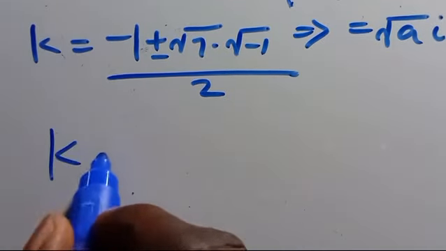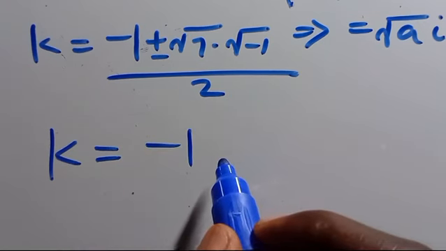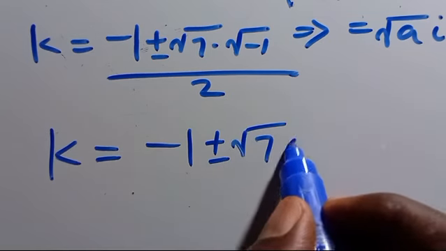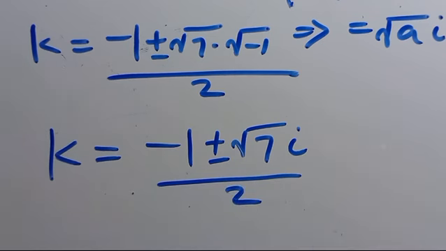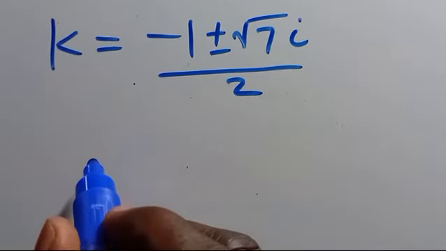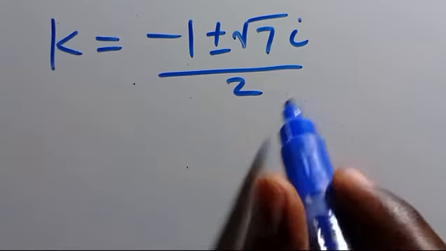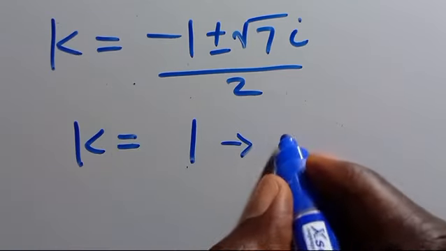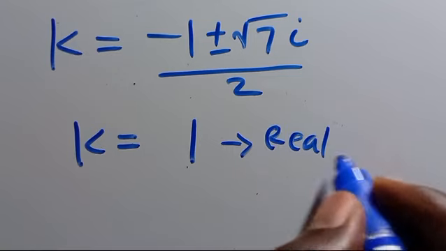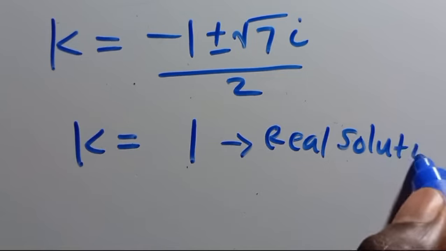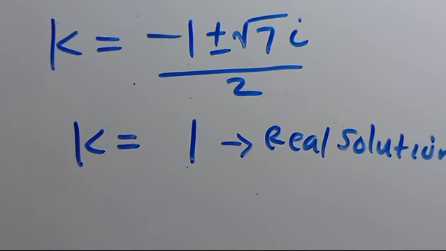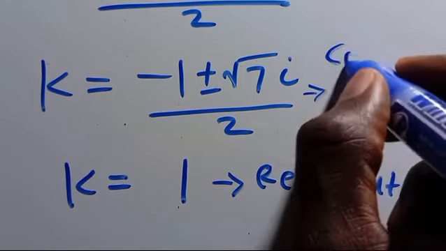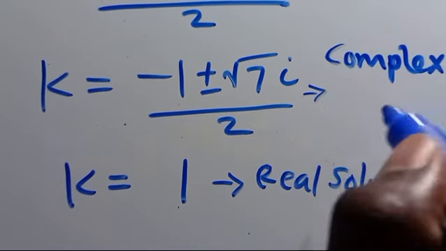So we have k equals minus 1, positive or negative, root of 7i over 2. So k equals 1 is a real solution, while these others are complex solutions.